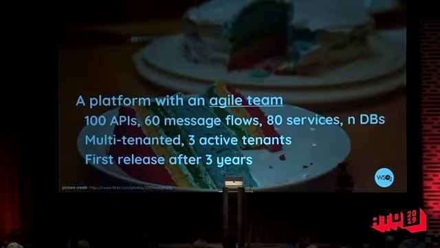But the system went into production after 3 years with around 100 APIs, 60 message flows, n number of databases connected, and they wanted multi-tenancy from day one, and they went into production with 3 active tenants in the first release. But after the project went into production after 3 years, the business rejected the project because, as usual, the implemented project did not match the business requirements and expectations.